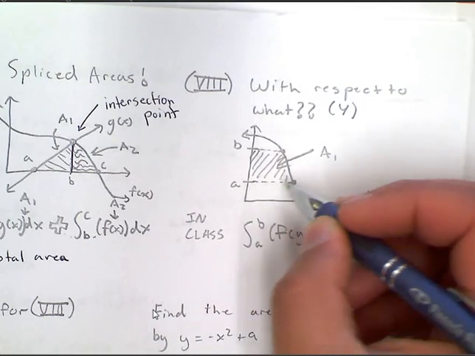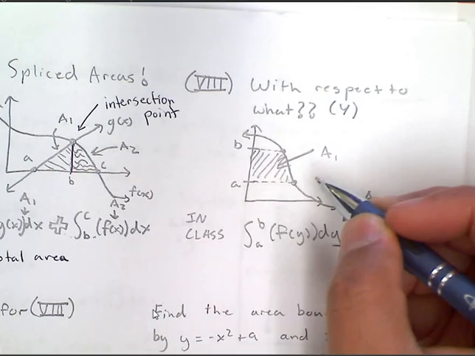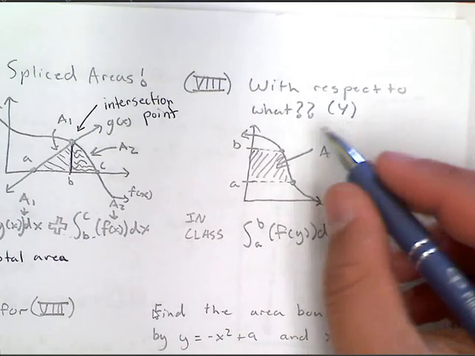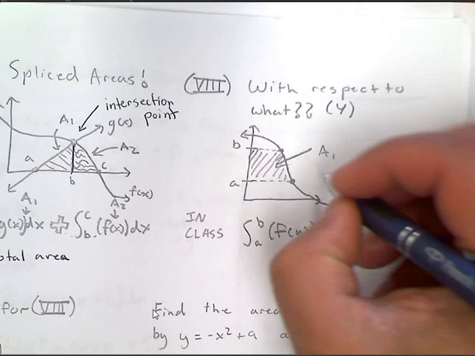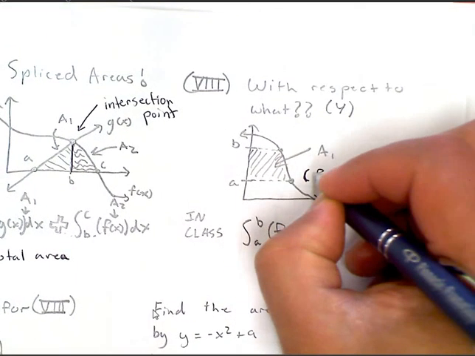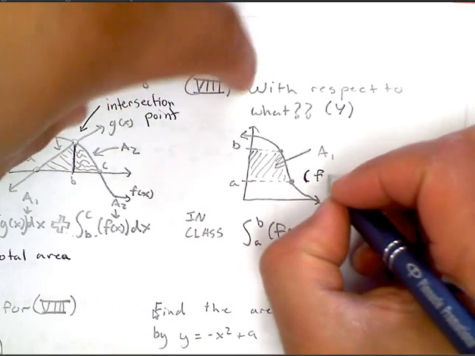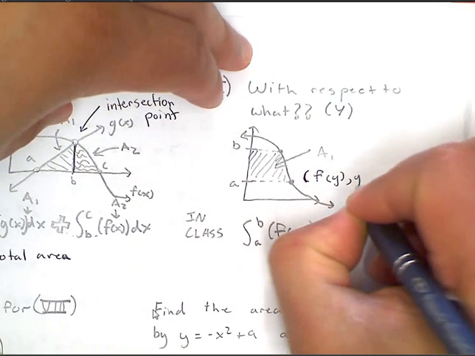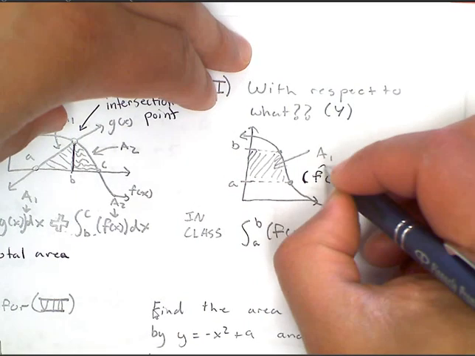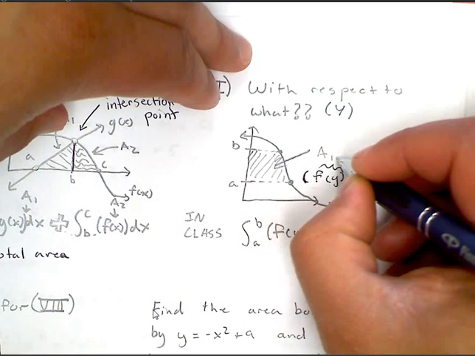So if you think of this point as f of y, comma y, well, what is f of y? That's a fancy way of saying x.